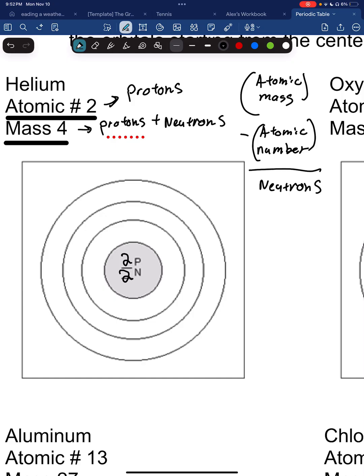Now, this is where the tricky part comes in on your periodic table, okay? How do we fill in our electrons? So these are all neutral elements, okay? Your protons and electrons need to be the same. Okay, so what we need to do is we need to have a total of 2 electrons.